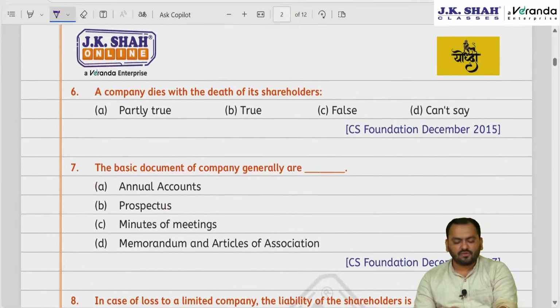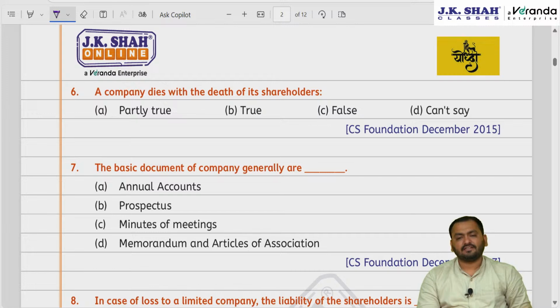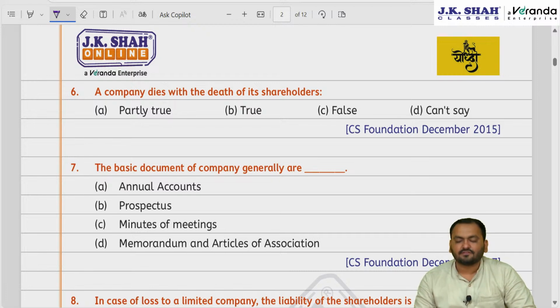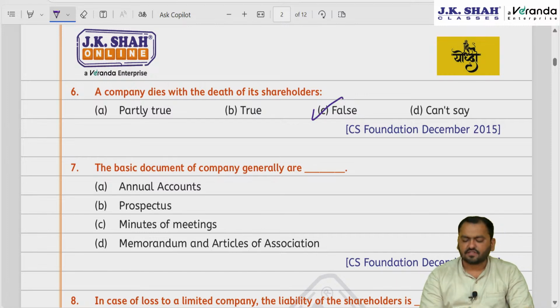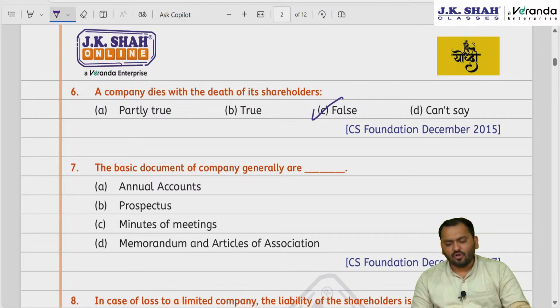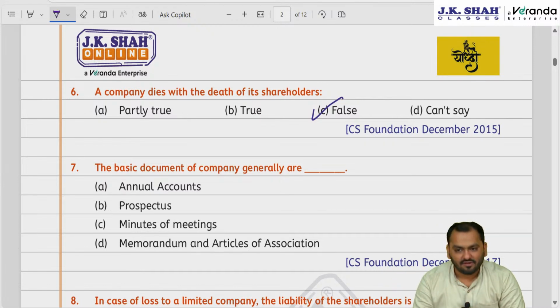A company dies with the death of its shareholders. What do you think? Is this correct? True, false? What do you think, friends? Obviously, this is absolutely false. Why is this false? Because friends, a company has the feature of perpetual succession. What does it mean? Members of a company may come, members may go, but the company goes on forever.